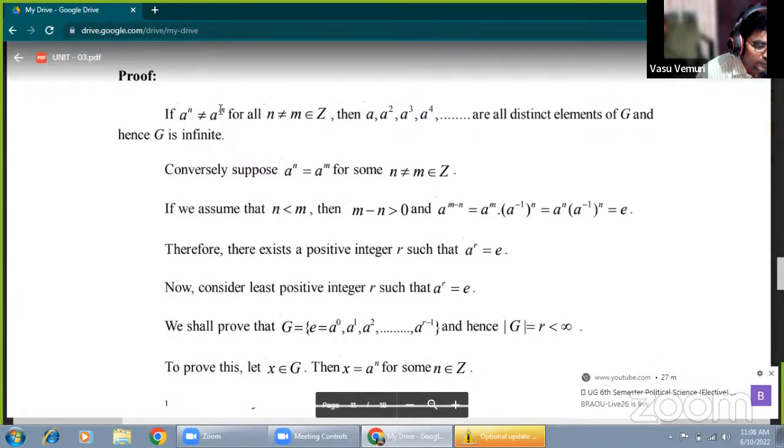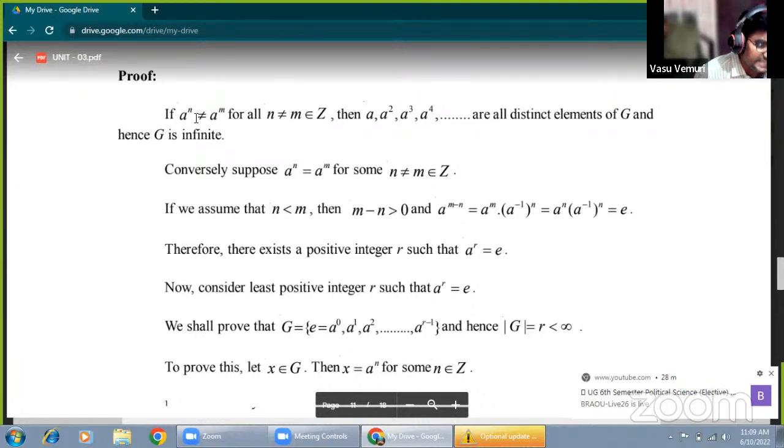There are two particular integral powers of the elements. When they are not equal, that is A power n and A power m, n is not equal to m. Both n and m are integers, but they are not equal, so they are different and distinct.